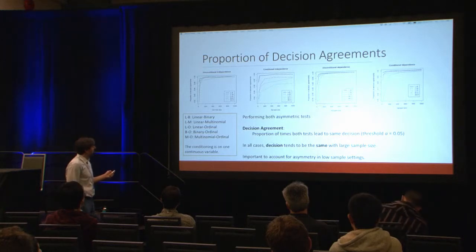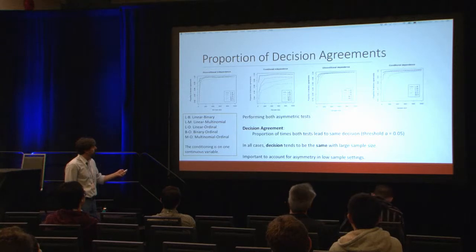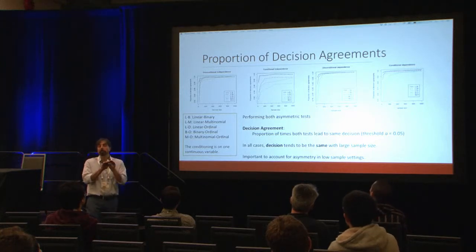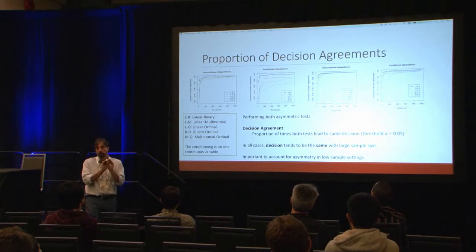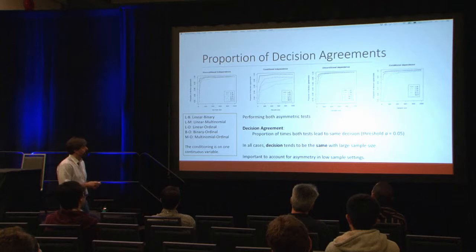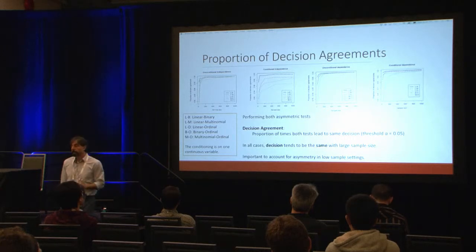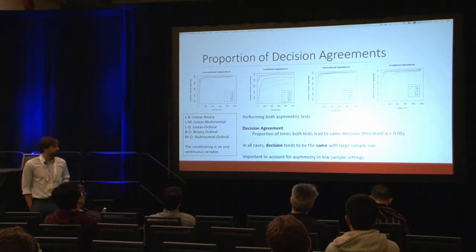And you see that asymptotically, the y-axis is not in the same range, but asymptotically, if you check all the decisions, the asymmetry problem goes away. You're going to be making the same decisions based on the p-values, no matter which way you perform the test. But for relatively small sample sizes, there is a discrepancy. So you get different p-values if you actually do it one way or the other.